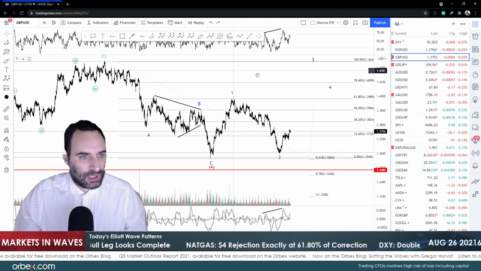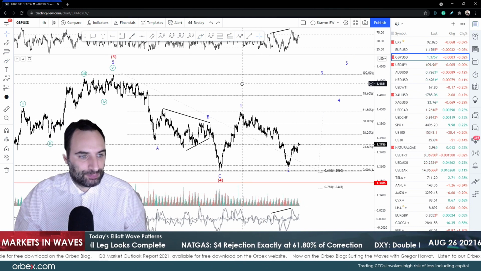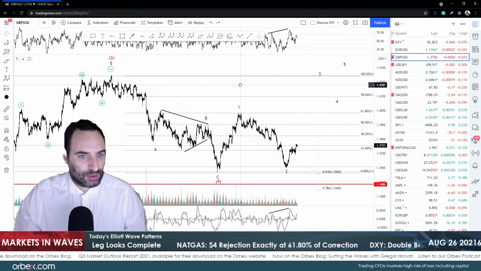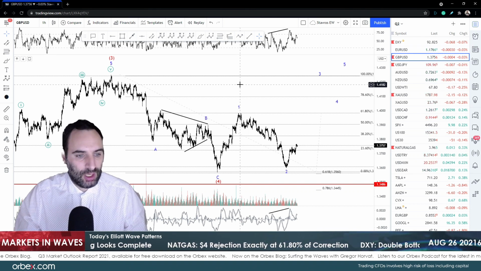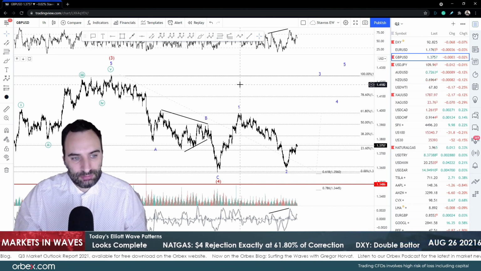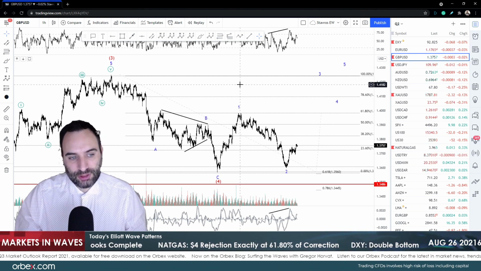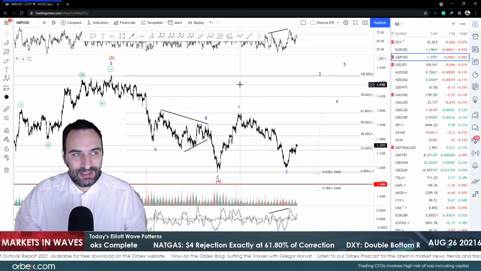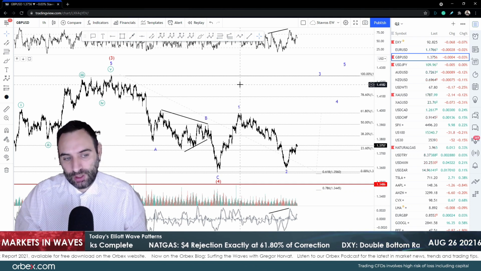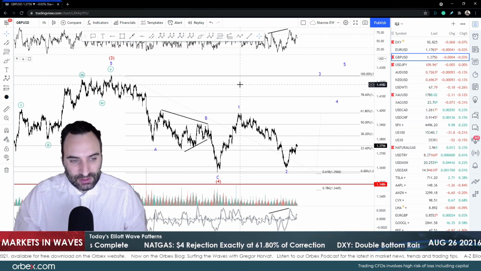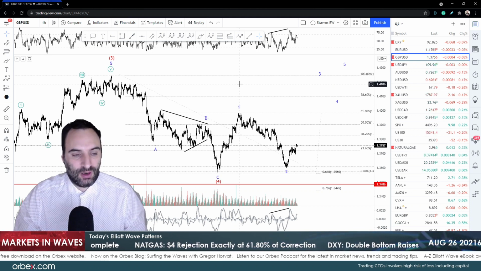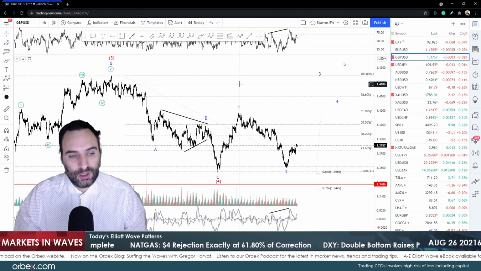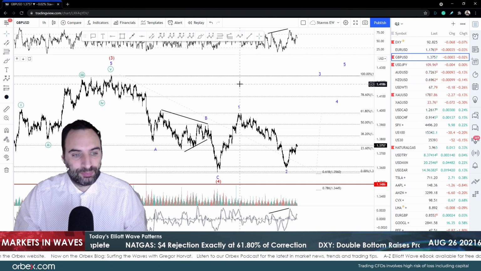Sometimes what we see can be blurry because the pattern might be halfway through its completion. Most of the time, a pattern can be observed much more easily when probably around 80% of it is done, like 4/5 of the 5 waves, for example, or 2/3 of an ABC.